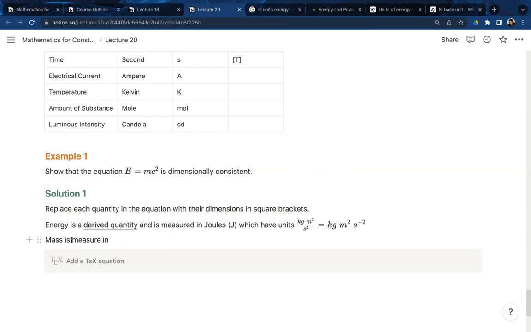Mass is a base quantity and is measured in kilograms, and the symbol is M.